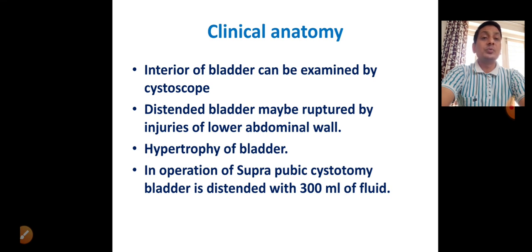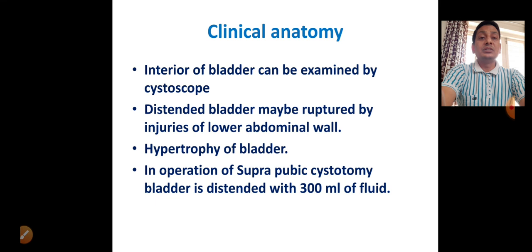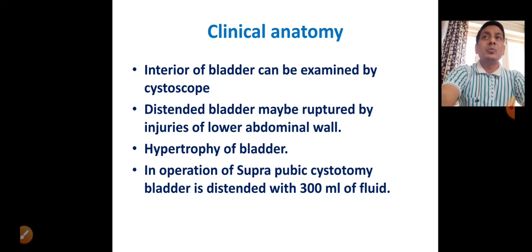In the operation of suprapubic cystotomy, the bladder is distended with 300 ml of fluid. As a result, the anterior aspect of the bladder comes into direct contact with the anterior abdominal wall and can be approached without entering the peritoneal cavity.